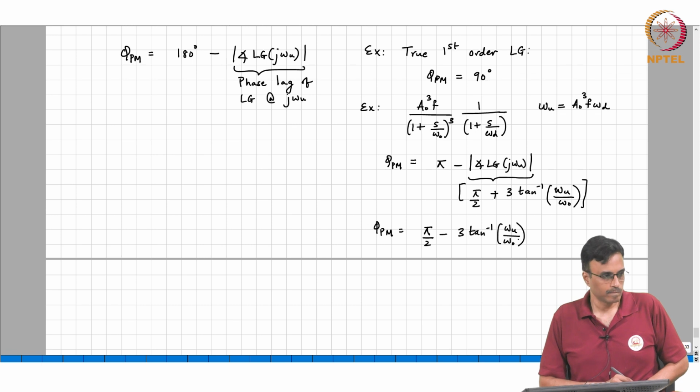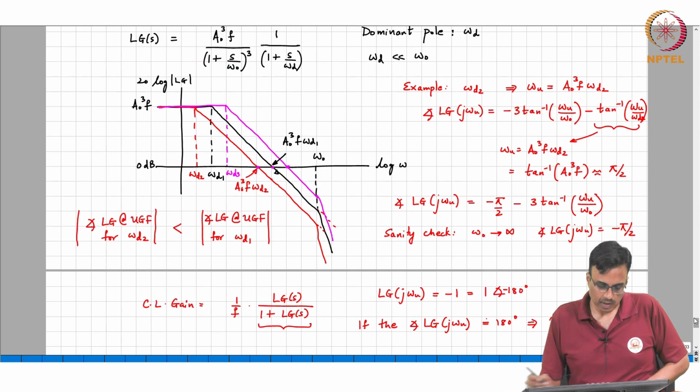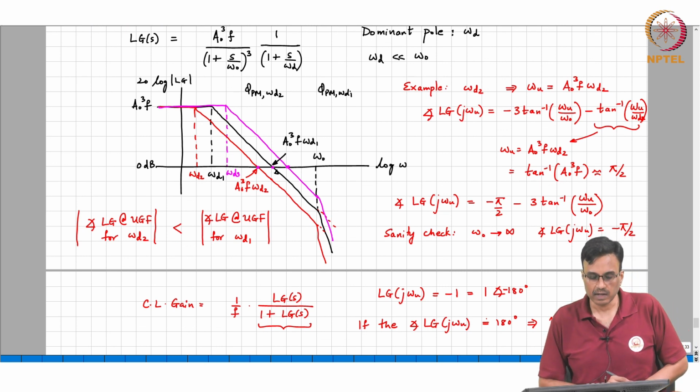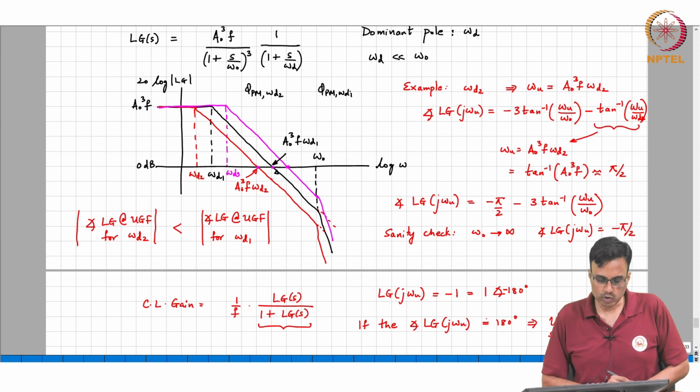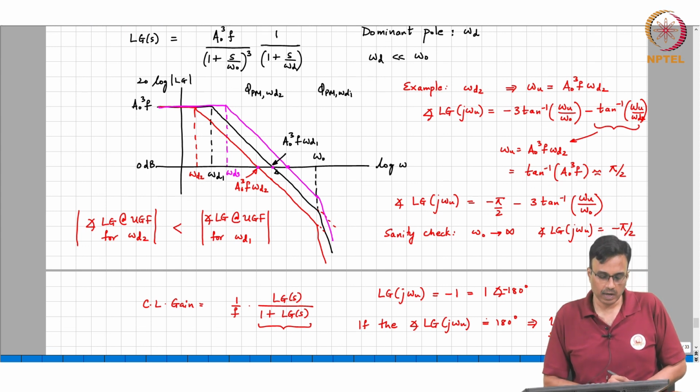All right. So, now let me ask you this question. The phase margin for omega d2 versus the phase margin for omega d1, which is greater? Which choice of dominant pole frequency, omega d1 or omega d2, has got a larger phase margin?